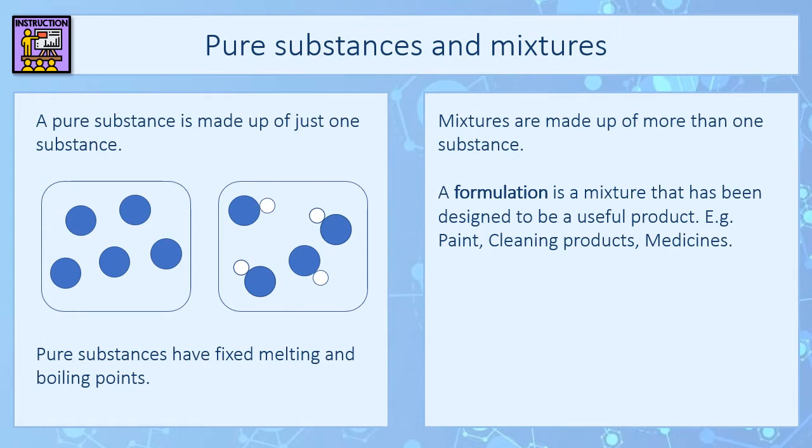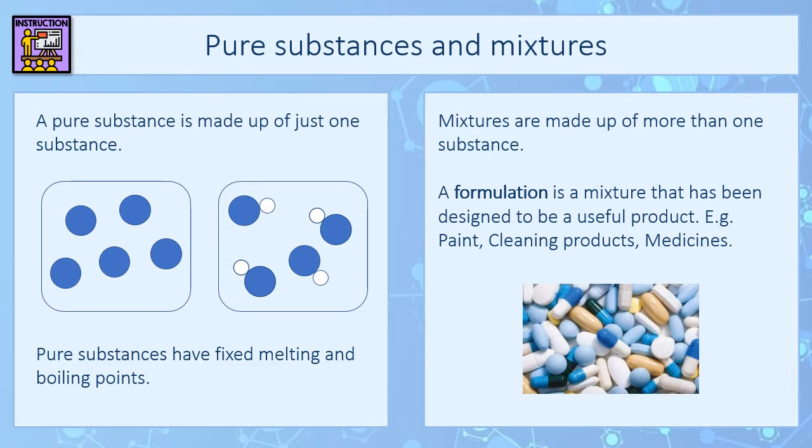So, for example, paint, cleaning products, medicines, they all contain ingredients that are there for a purpose. So all formulations are mixtures, but not all mixtures are formulations. So for example, seawater is a mixture, but it is not a formulation because it has not been designed to be a useful product.